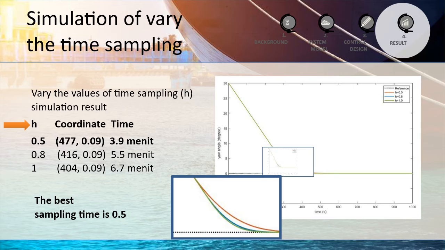The results are shown in the table and figure displayed. In this table, the best sampling time is 0.5 because the value makes the output system reach the reference fastest.